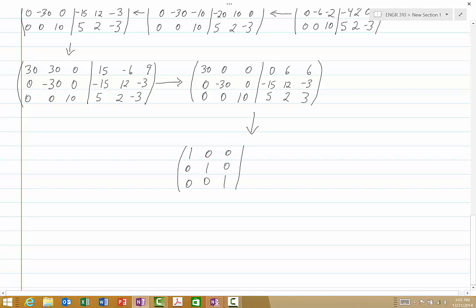And on the right, we will get 0, and then 6 divided by 30 is 1/5. 6 divided by 30 again, 1/5. Negative 15 divided by negative 30 is 1/2. 12 divided by negative 30 will be negative 12 over 30. And if we divide top and bottom by 2, that would be negative 6 over 15, or let's see, negative 2/5.